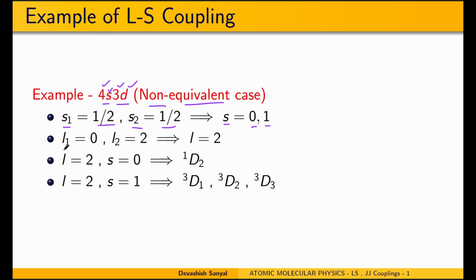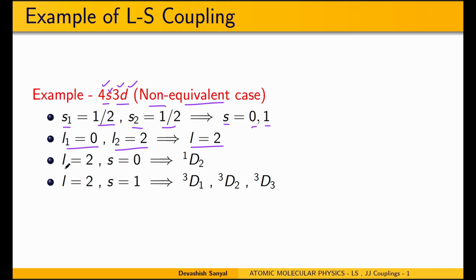Now L1 is equal to 0. This is the orbital angular momentum of the electron in s, and in d, L2 is 2. So L1 and L2 combine, and here we can have only one value, L is equal to 2. Now we can combine.